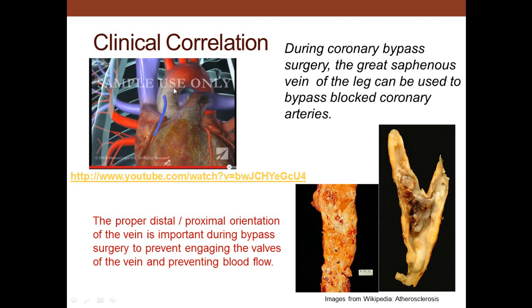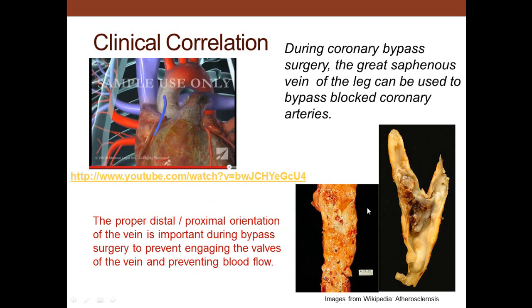So blood coming out of the aorta will go through the vein and then just beyond the blockage of the artery, providing nourishment for the heart. Proper orientation is very important for the vein. You have to have it so the valves are not engaged, otherwise it would prevent the flow.